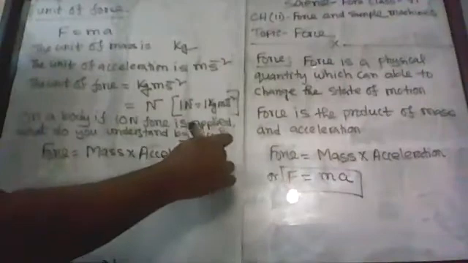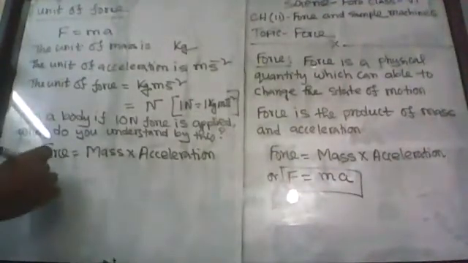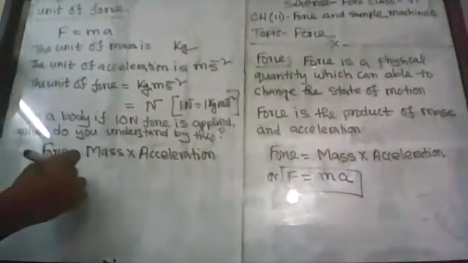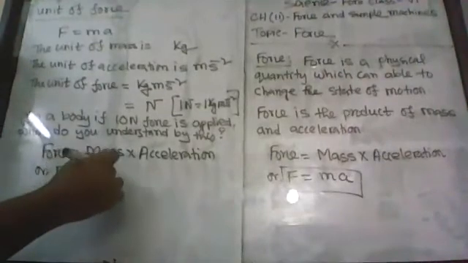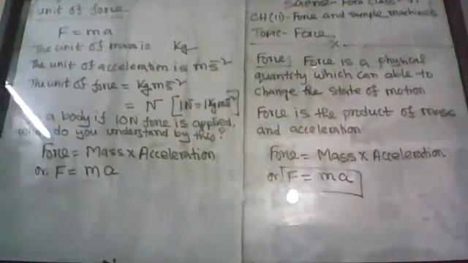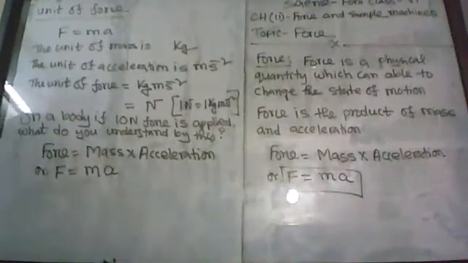Force is denoted by F, mass by m, and acceleration by a. The product of m and a should be equal to 10.